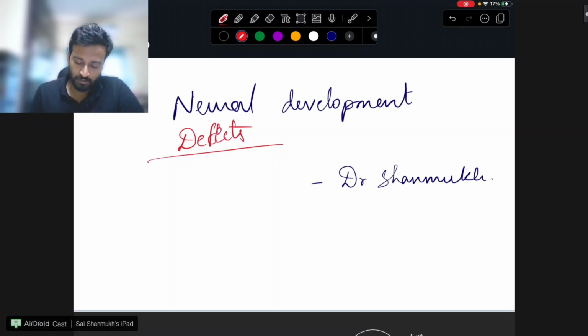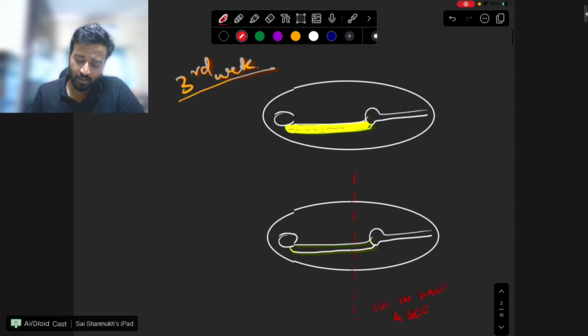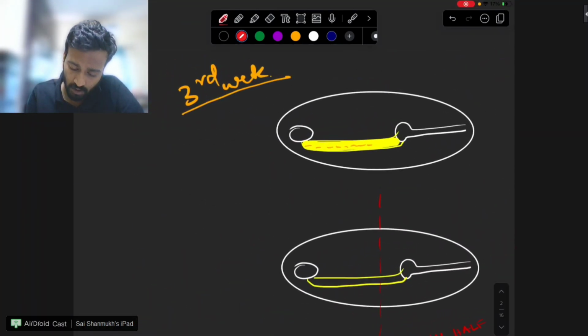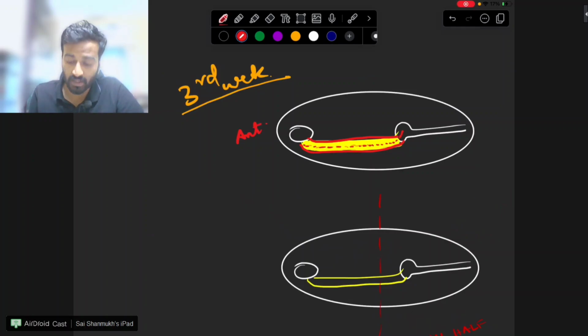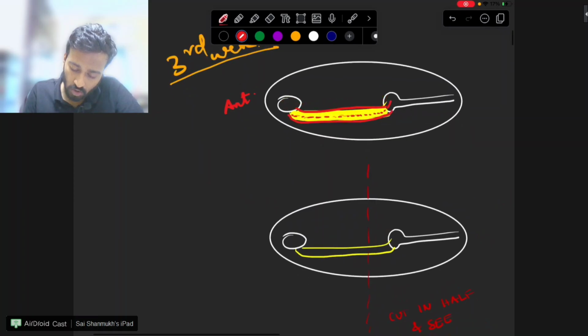Moving forward, we know that around the third week of embryonic life, the primitive streak, after forming, will form a primitive node through which an invagination and migration of cells happen towards the anterior end, towards the buccal membrane, and this will get hollow with time.